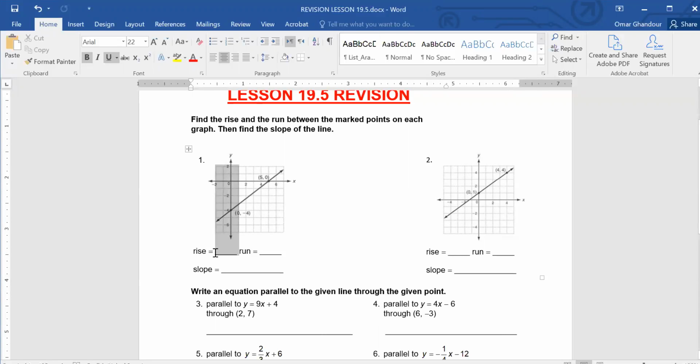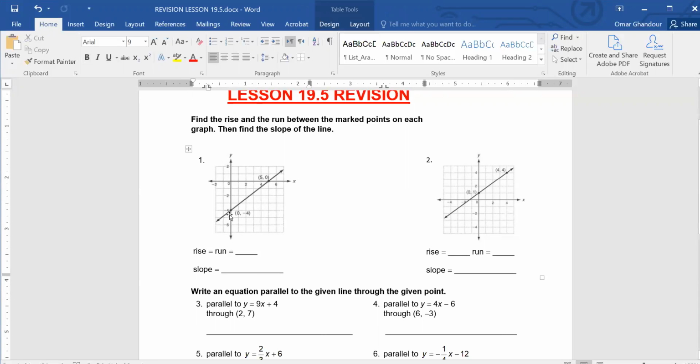As I told you, rise means that I am moving up. So let's count up from -4. Here, girls, it's easy to count the rise and run because each box counts for one point. So let's rise. I have 1, 2, 3, 4 up, so it's +4.